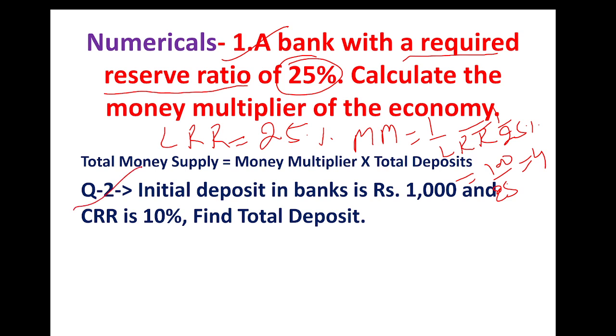Now in question number 2, you can see initial deposit in banks is 1000 rupees and CRR is 10%. Find total deposit. You already know that TD means money created. TD equal to initial deposit ID into MM. So first of all, you will calculate.